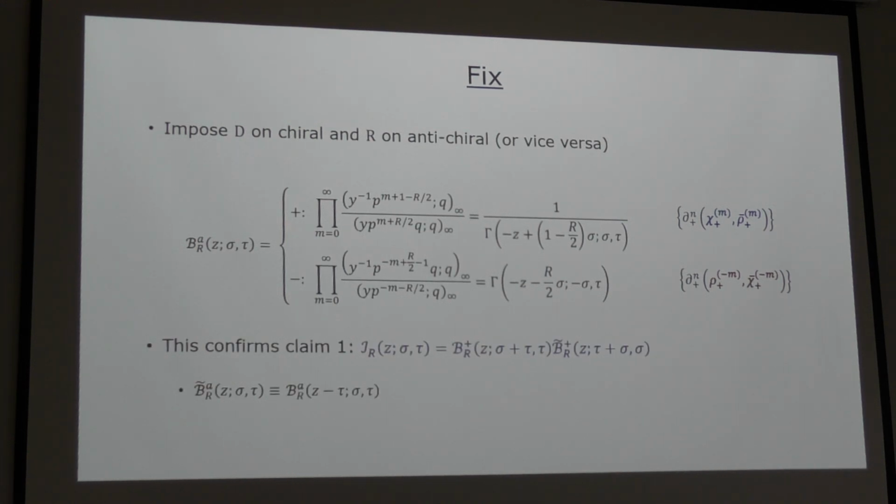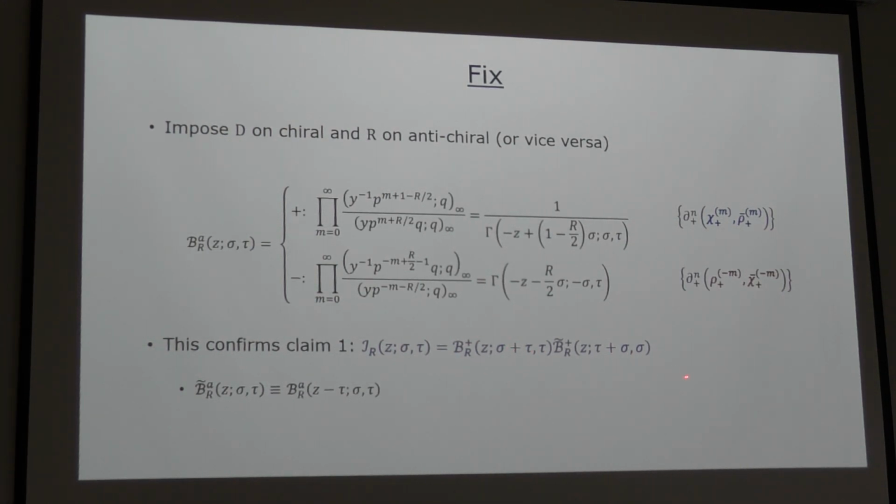This confirms my first claim, namely that this factorized expression for the index can be interpreted in terms of these hemispheres. So this index is precisely one of these factors that I wrote down all the way in the beginning when I took the trace over this Hilbert space factorized into negative J2.